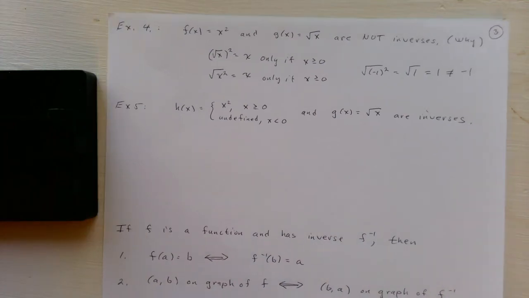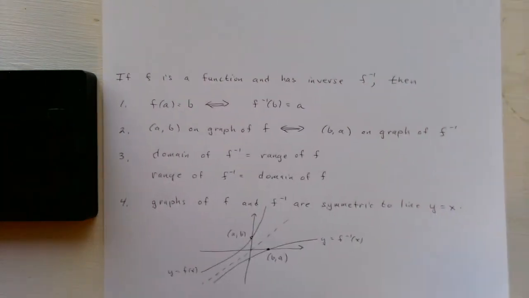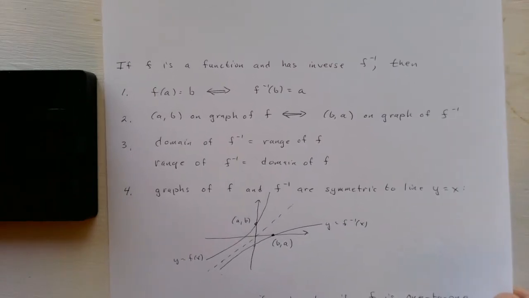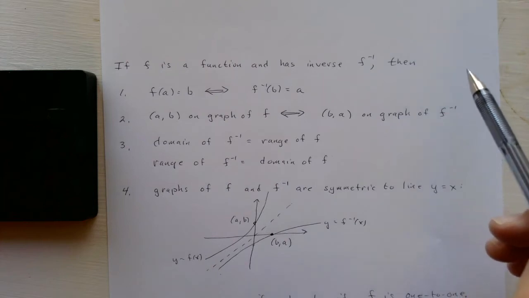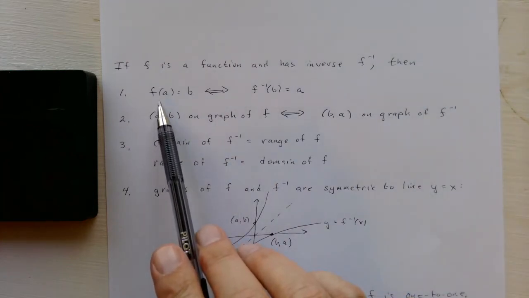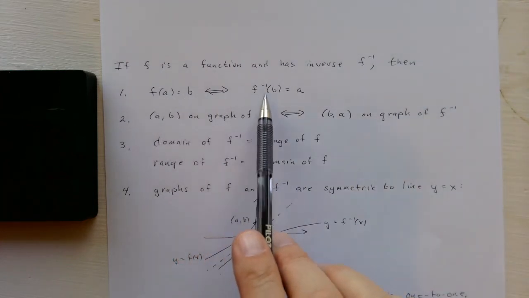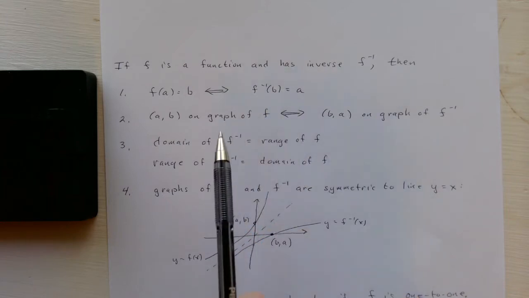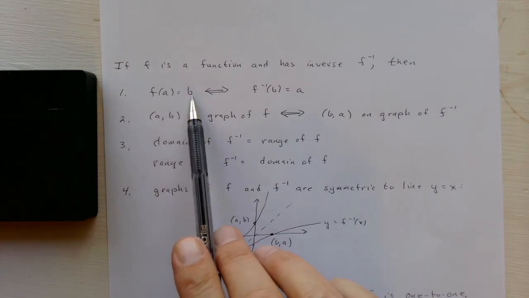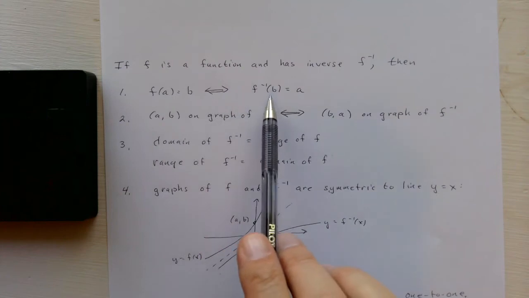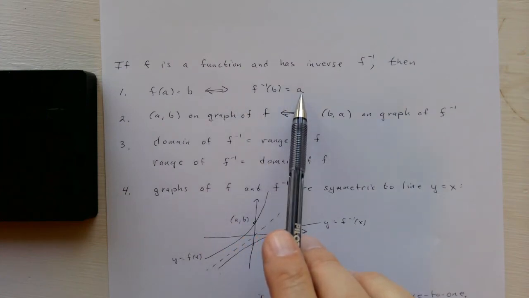But I want to go over some properties of inverse functions and how the inverse of a function relates to the original function. So if f is a function and has an inverse, then we have, and this is probably the most important part, f of a equals b if and only if f inverse of b equals a. What this means is if a is an input and b is the output under f, then b is the input and a is the output under f inverse.